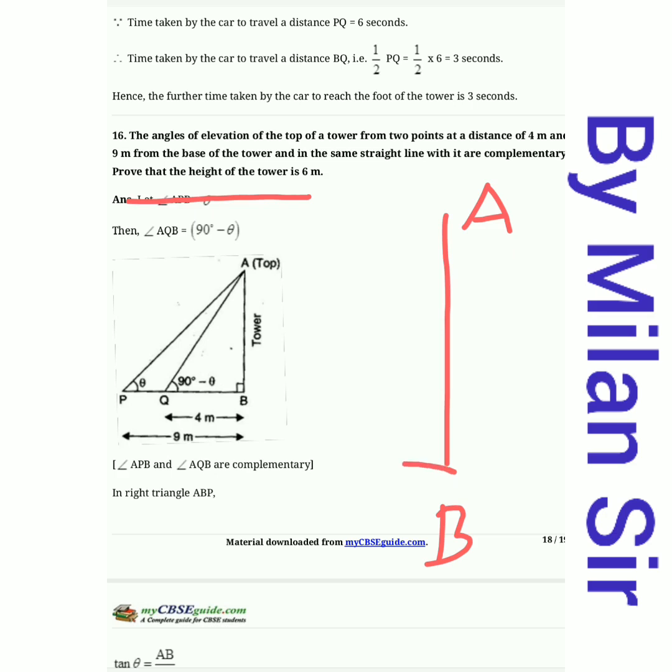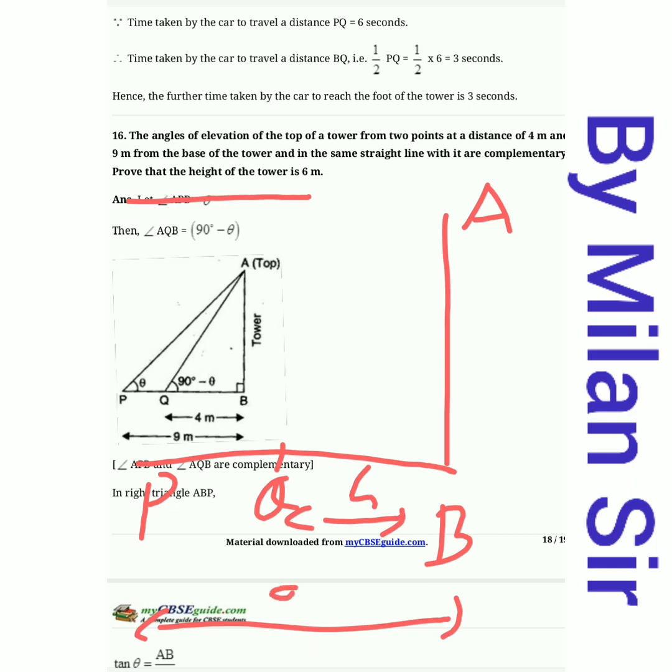So here we take the left hand side 2 points P and Q. Now one point is at a distance 4 meter from the base, and the second point is at a distance 9 meter from the base. So from B to Q, from base to Q, it's 4, and base to P, that means B to P, it's 9 meter given, right? Distance of P and Q from the base are given, 4 meter and 9 meter. Now angle of elevation from this point to the top of the tower.